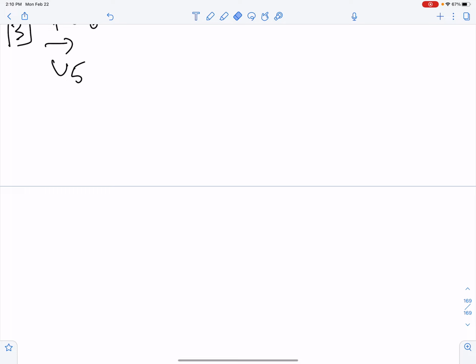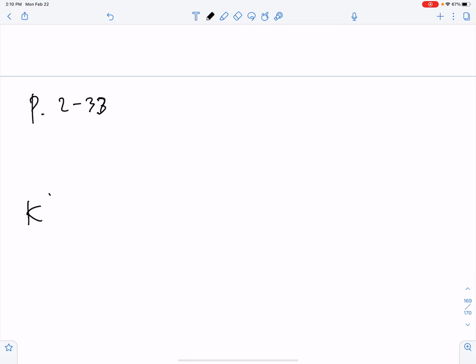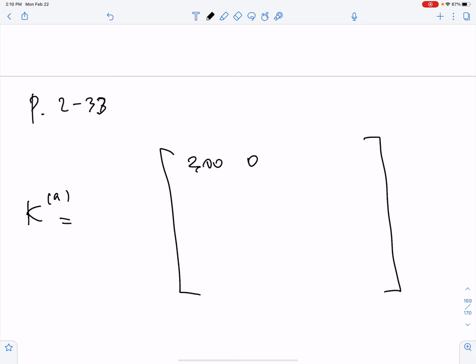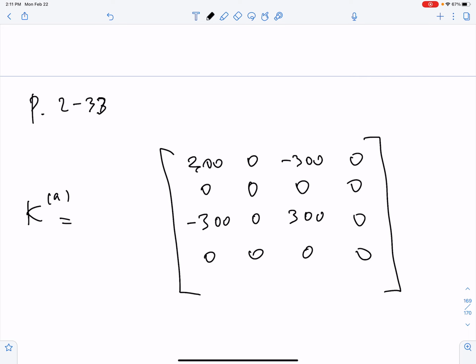If you go to page 233 in the notes, you will find that for element A, the element matrix was 300, 0, minus 300, 0, 0, 0, 0, 0, 0 here, minus 300, 0, 300, 0, and the last row was zeros.